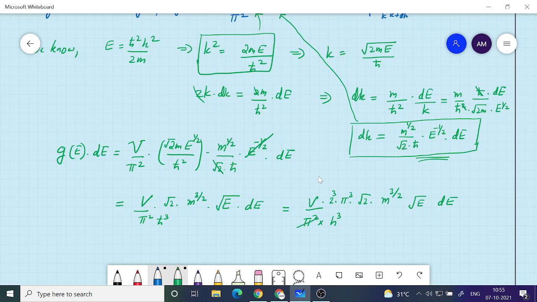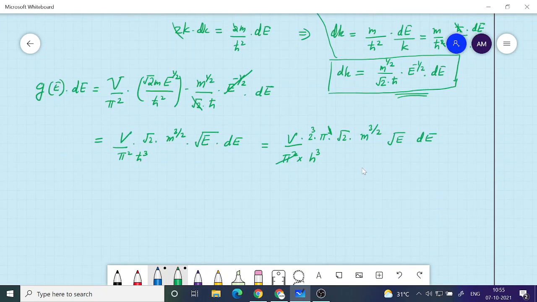This pi square will cancel with this, and then 2 into 2 raised to half, I will write as 2 raised to 3 by 2, and then I will have a 4 there. So I will have a 4 pi, and then 2m the whole raised to 3 by 2 by h cube, and then I have a V here, V into square root of e, then dE.